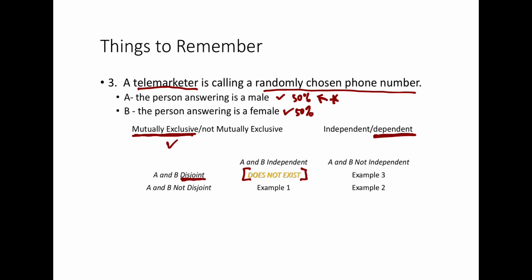But here we saw 3 different examples. On example 1, we had it being not disjoint or not mutually exclusive, but independent. When we picked a random person from the population, it was possible for them to occur at the same time. So they were not mutually exclusive. I'm just going to put mutually exclusive here. I don't want to confuse you.